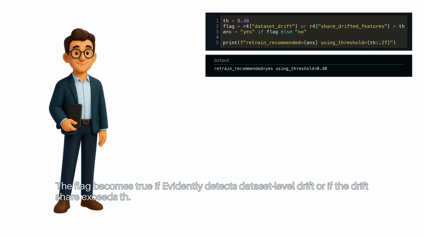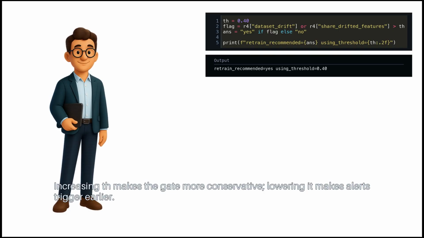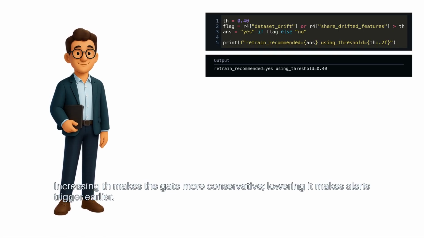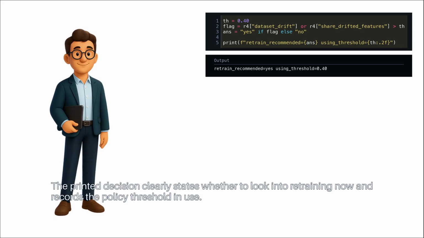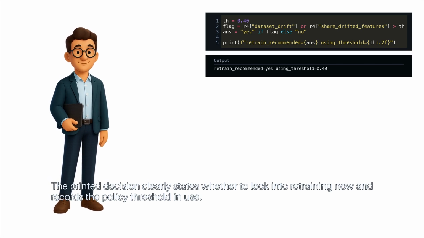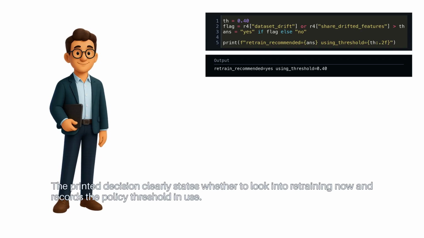The flag becomes true if Evidently detects dataset level drift, or if the drift share exceeds the threshold. Increasing th makes the gate more conservative. Lowering it makes alerts trigger earlier. The printed decision clearly states whether to look into retraining now and records the policy threshold in use.